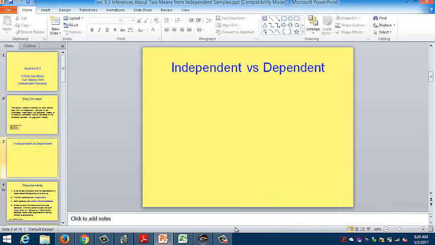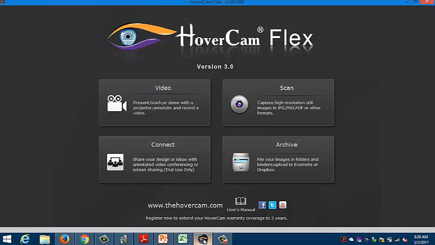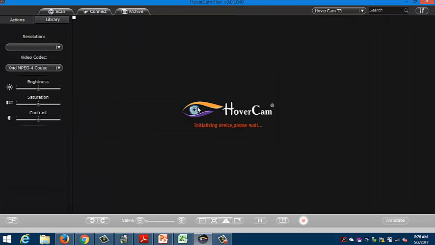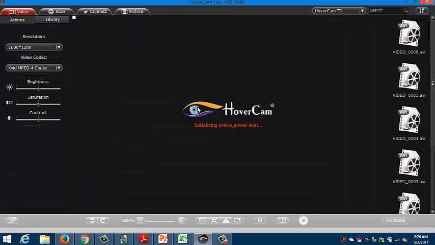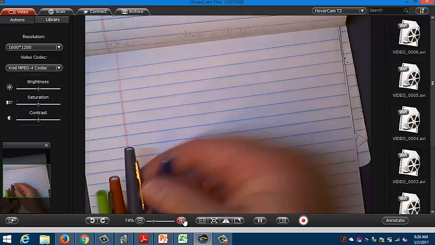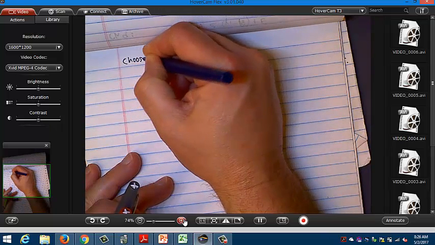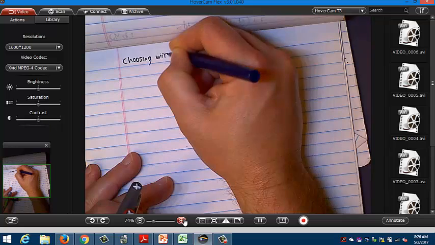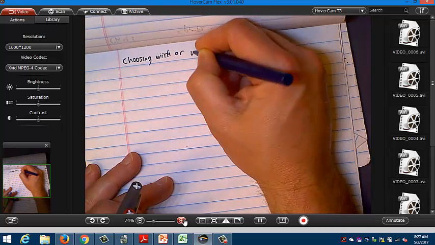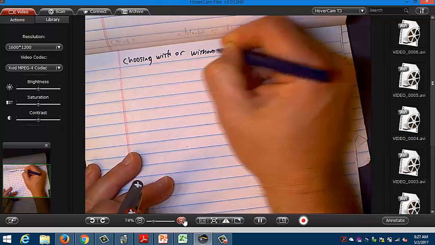You guys remember back in chapter 4 when we did the idea of probability, conditional probability, right? I remember a worksheet you guys did where we talked about choosing with or without replacement.